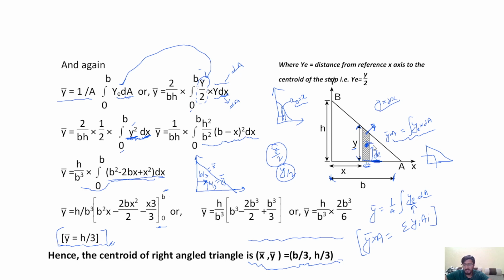That means ye is equal to y by 2, according to this assumption of formation of this strip. By this way, you can determine the centroid of the non-geometrical figure.